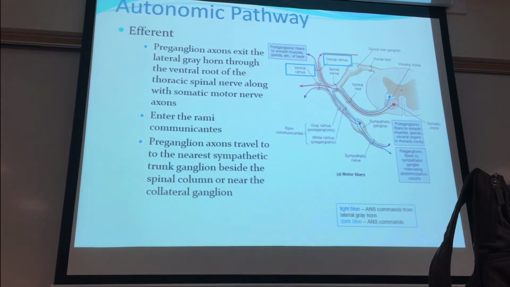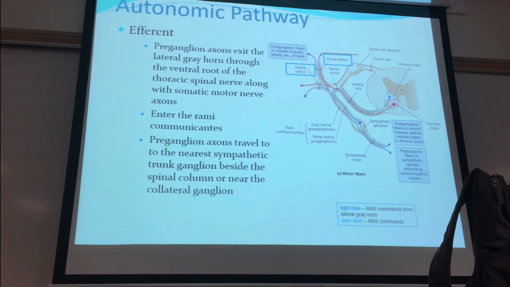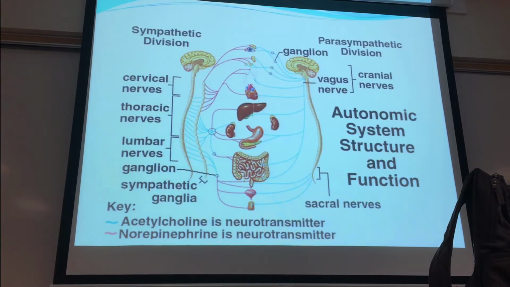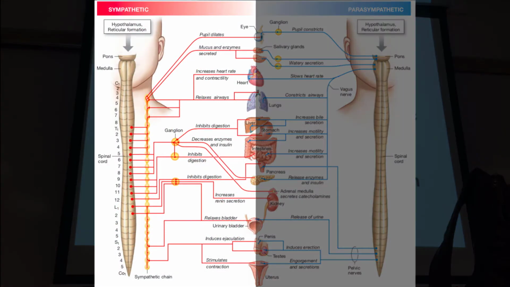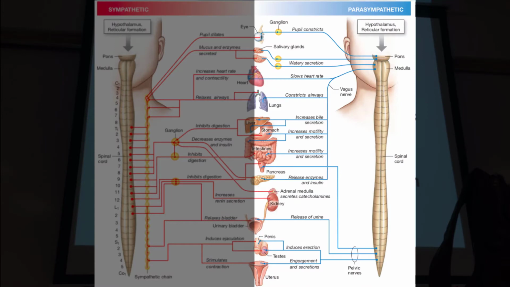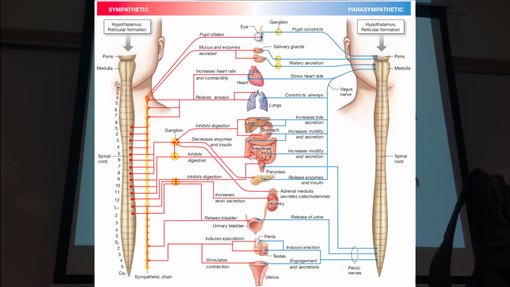So now what we'd like to do is compare and contrast visually between the sympathetic and parasympathetic division. Here you'll see sympathetic division to your left and parasympathetic to the right. One of the main differences you can see is where the preganglion neurons target.